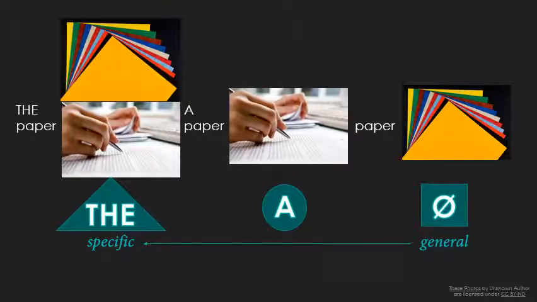Here's another example. Paper. Okay, paper, when we just say, do you have paper? We're referring to maybe we want a sheet of paper, but the concept, how it's perceived, albeit subconsciously, okay, we're not purposefully, this is just the way that the language has developed, that we consider paper as a sort of group idea.